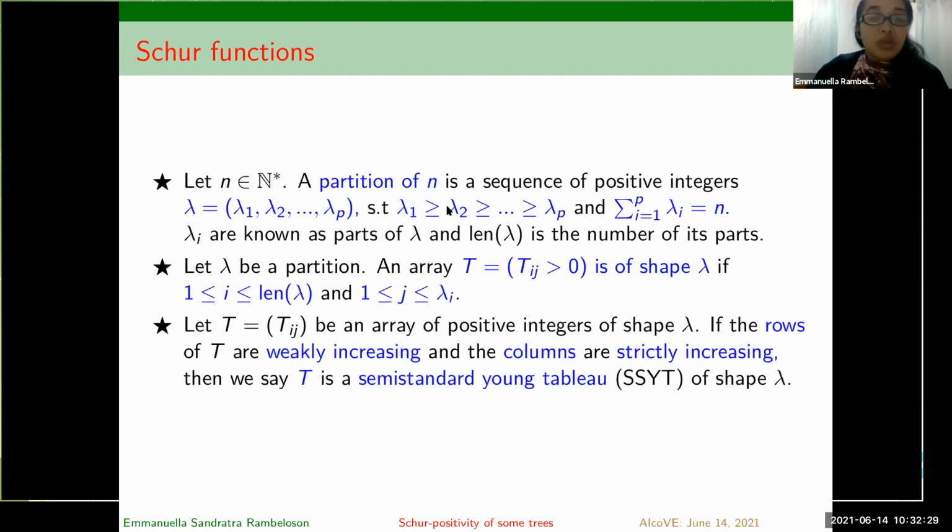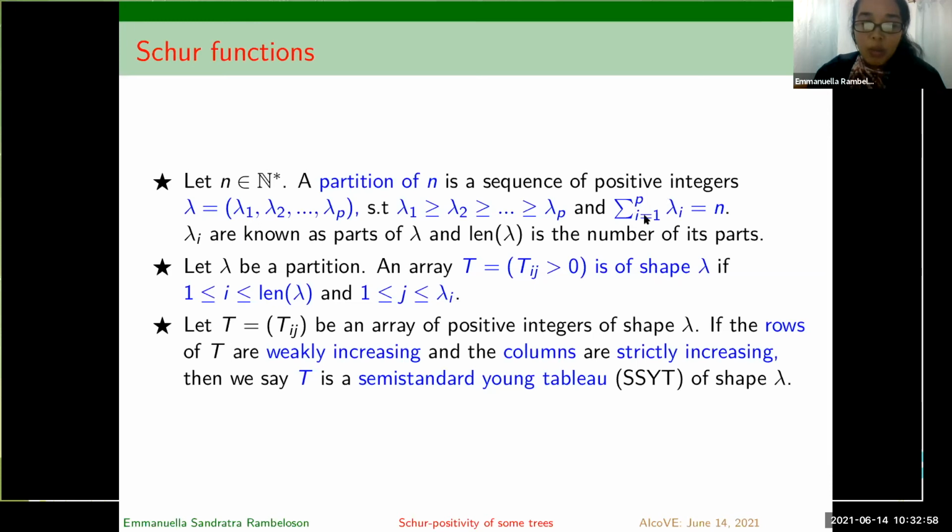Now we're going to define what Schur functions are, but before that, I think we need to understand these little definitions here. If we take a positive integer n, a partition of n is a sequence of positive integers lambda, such that we must have these inequalities here, that lambda 1 must be larger than or equal to lambda 2, and so on, larger than or equal to lambda p.